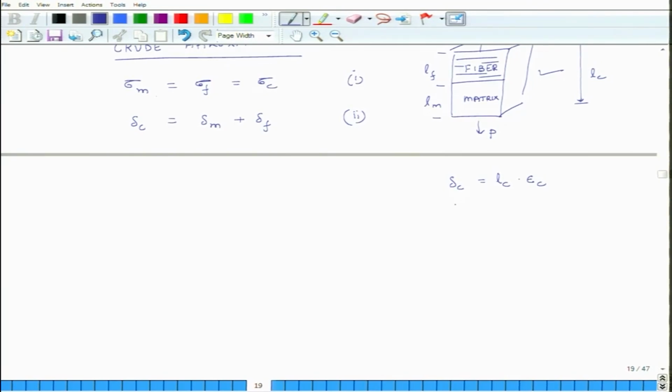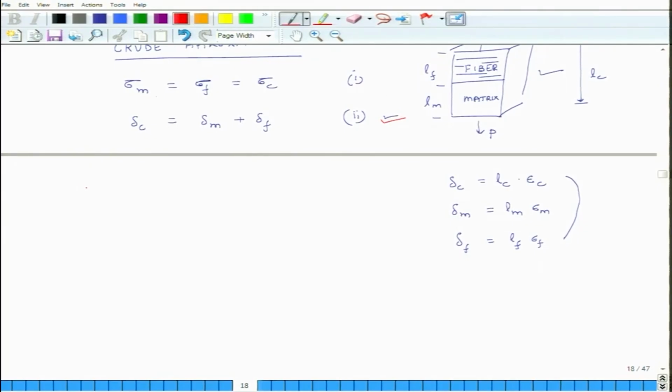Similarly, the extension in matrix is equal to Lm times epsilon m, and the extension of fiber is equal to Lf times epsilon f. So, I put all these three equations in my second equation.